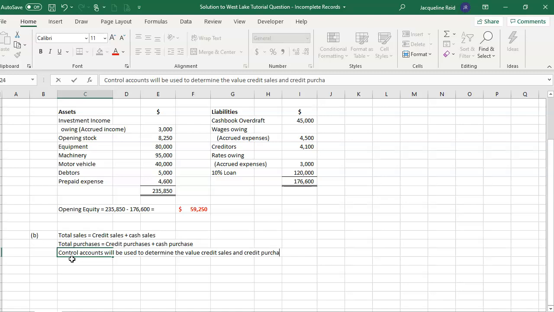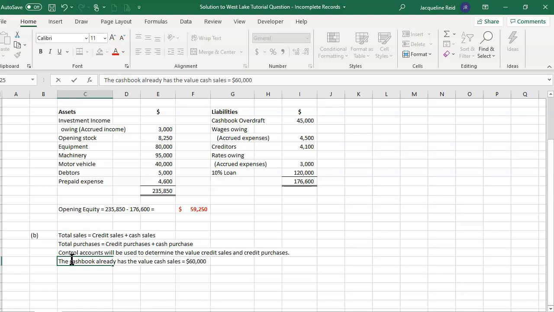And when you look in the cash book, it already has the values for the cash sales. When I check the value for the cash sales, it comes to $60,000.